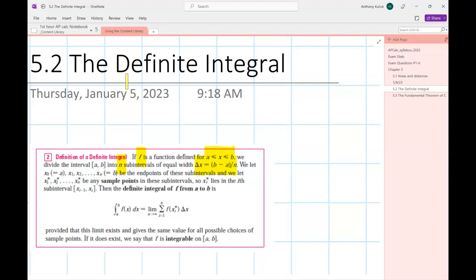So if we do that, we define the definite integral of f from a to b as the limit as n goes to infinity of the sum from 1 to n of f of xi star delta x, provided this limit exists and gives the same value for all possible choices of sample points.